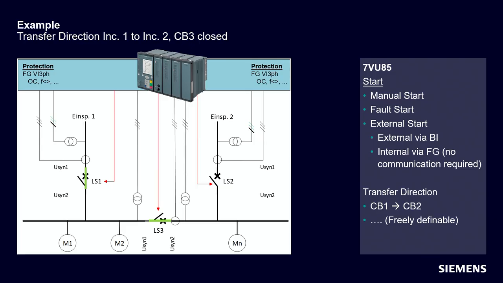definable. So that means we can add different applications, and we see here for such a 3-breaker application we can have up to 6 transfer directions. Okay, so imagine there is a fault on the main incomer, on incomer 1, and we need to transfer from incomer 1 to incomer 2, by closing the incomer 2 and opening the incomer 1 breaker.